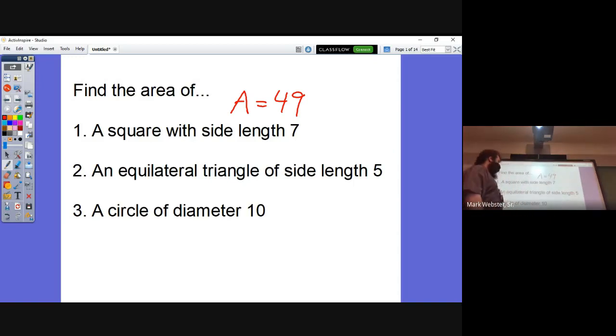For an equilateral triangle of side length 5, remember, with equilateral triangles, just use the 1/2 r squared sine of 60 degrees formula, and you can just do that in your calculator.